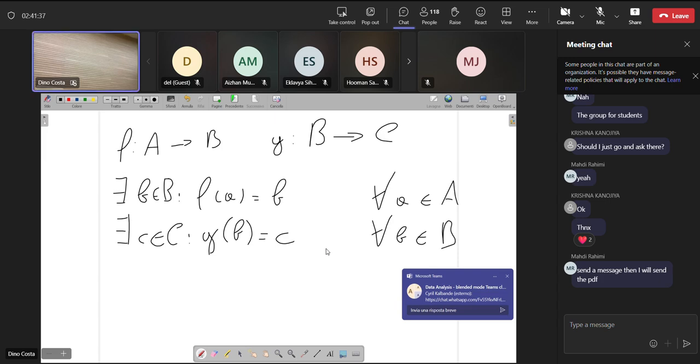So for any element put in here, we have an image here. For any element taken here, we have an image here. So from this we can have this mapping.